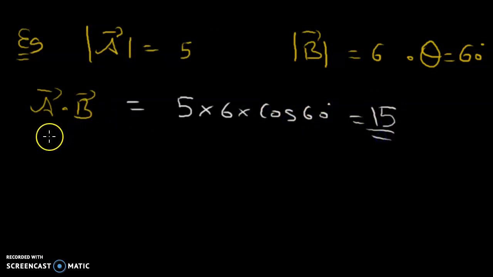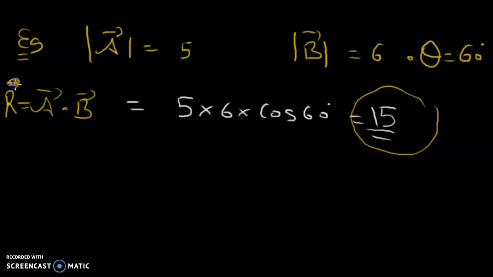Do I need any direction sense? No, because the dot product is itself a scalar. I just need to bother about the magnitude, not the arrow. So only 15 is okay. Say this is 6 Newton, 5 Newton, so it would be just 15 in units, no direction is required.